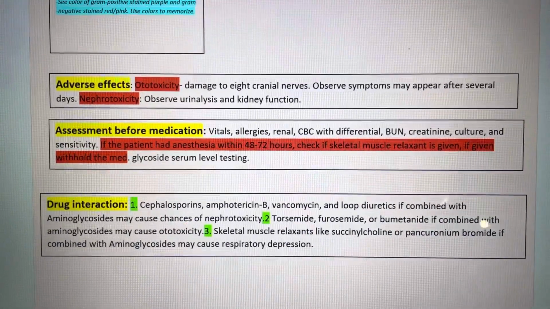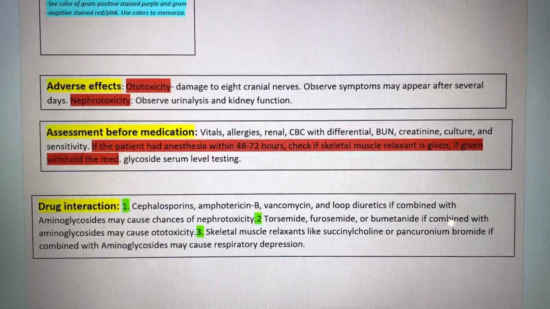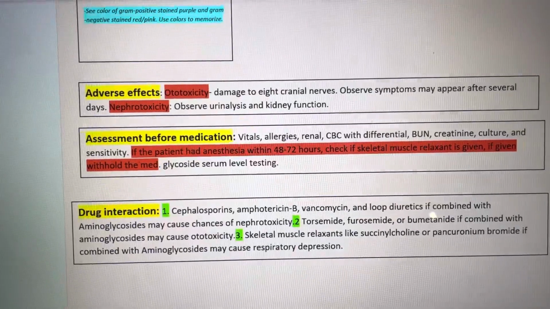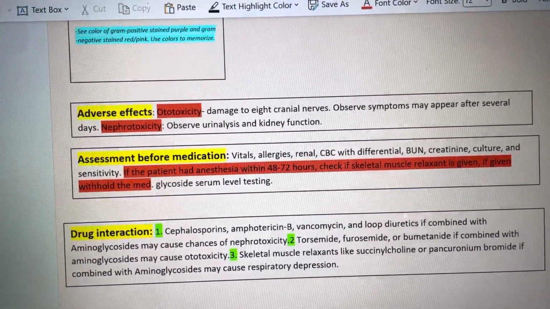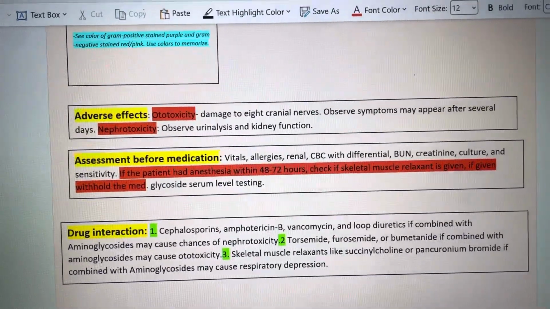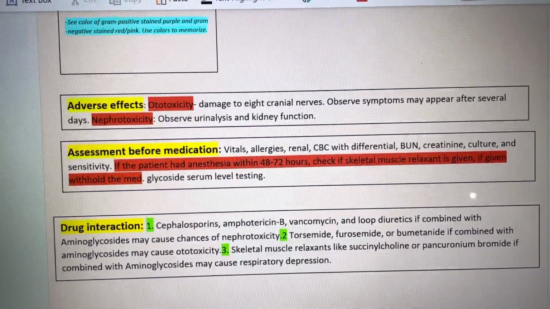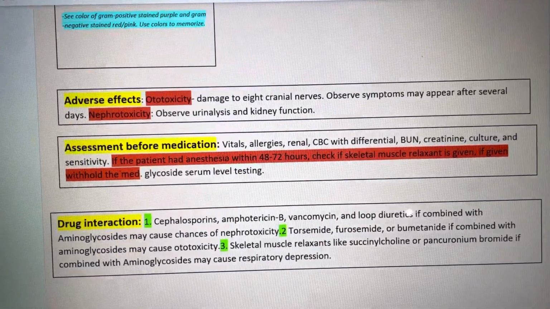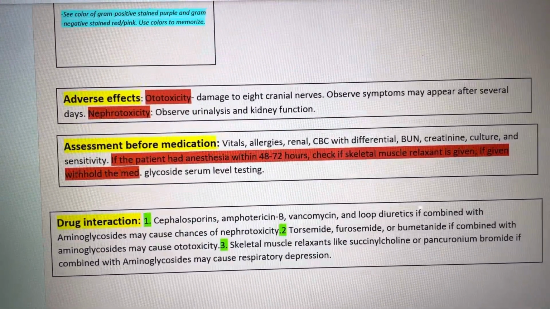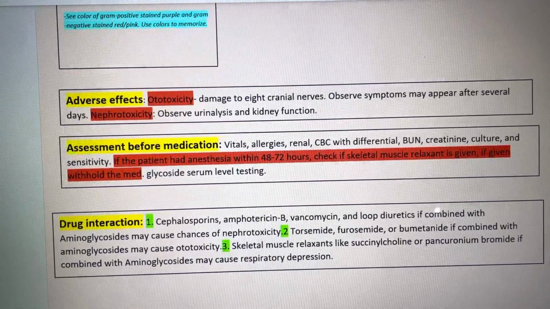Because rather than memorizing, if we understand the logic behind things, and yes, there is memorization too, because we need to know the drug types. But when we memorize with understanding, it helps us know the logic behind things.